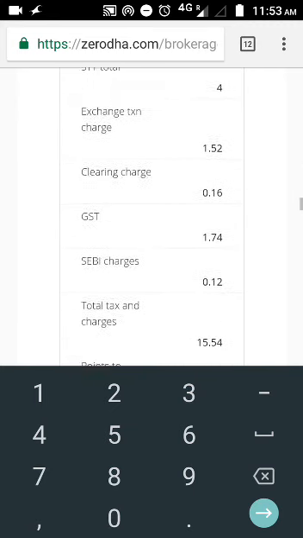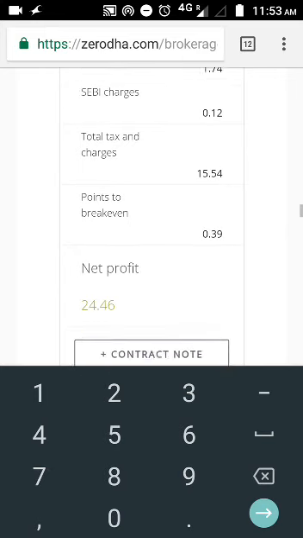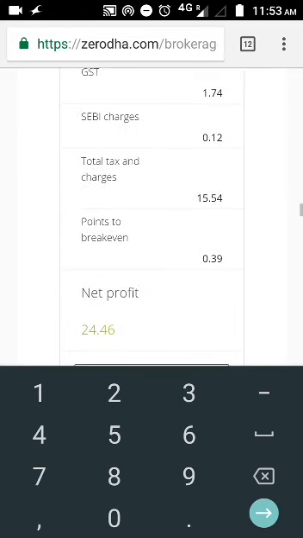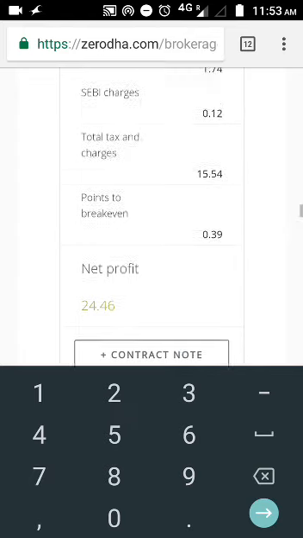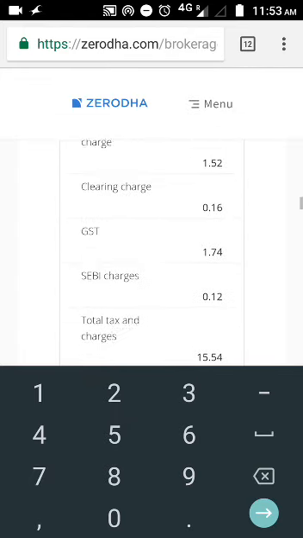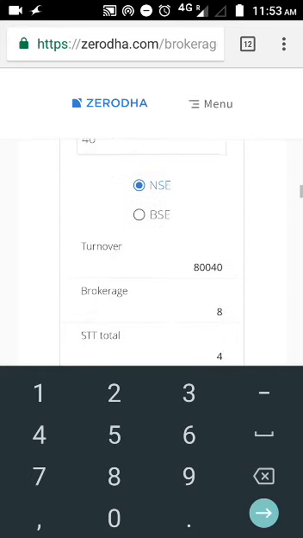So here we are talking about the brokerages. As you can see, 40 is the lot size, and there is only 1 point difference of profit. So 40 rupees should ideally be your profit. Let's see if you are in profit. Yes, you are in profit. The break even here is 39 paise, but the total transaction charges would be 15.54.